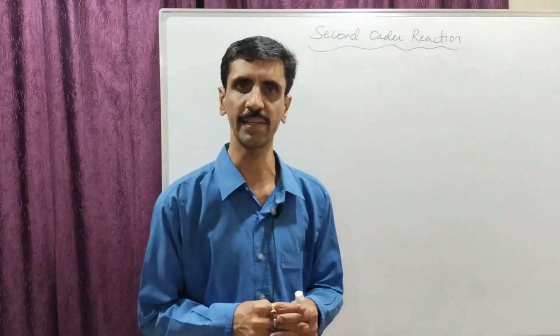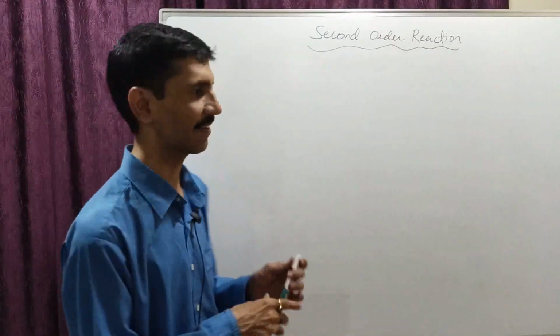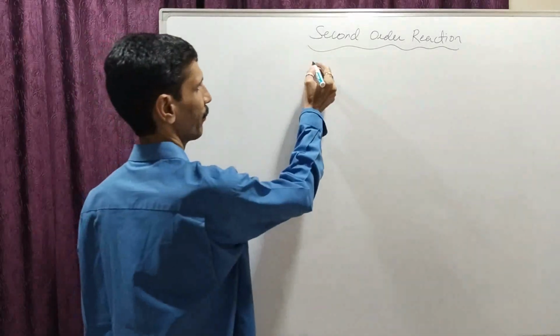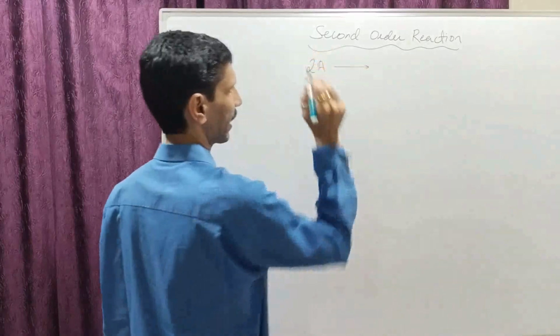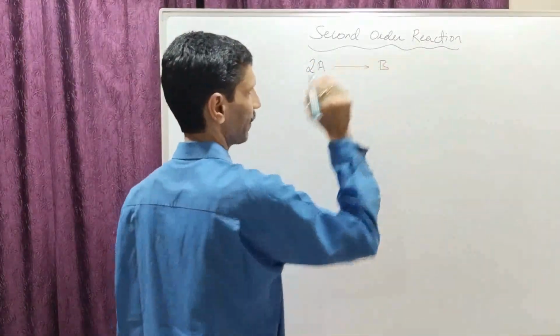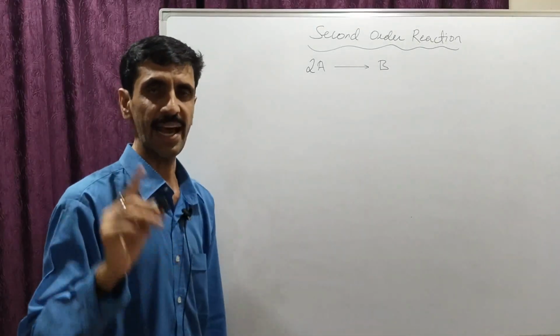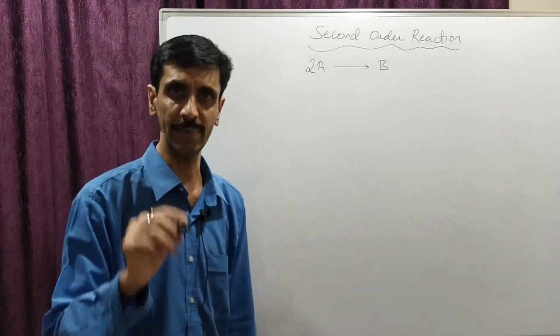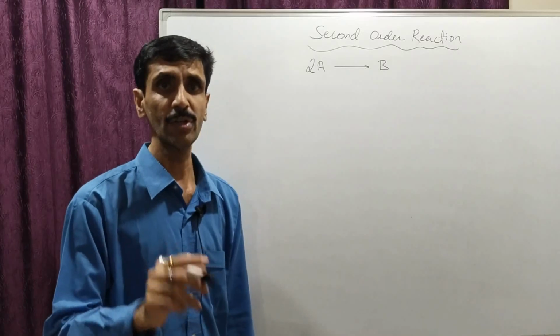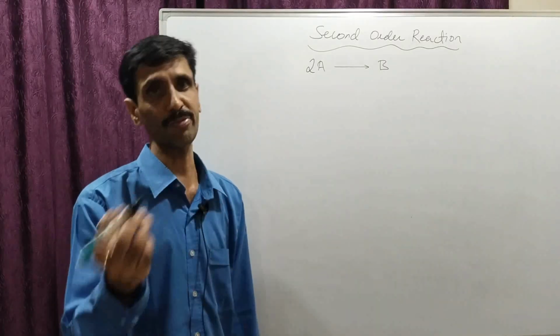So here we start with, let us consider a reaction whereby I have 2 moles of A getting converted into, say, B. So this is one possibility. Either we have 2 atoms of the same element, or we can have 2 atoms of different elements.